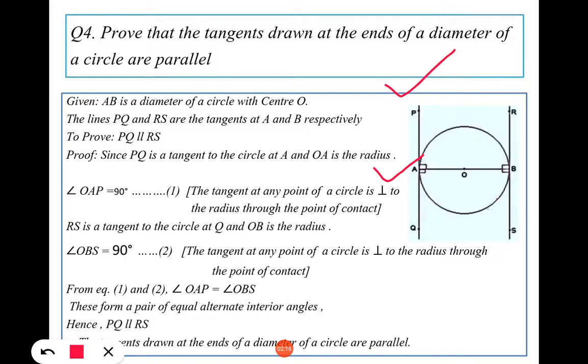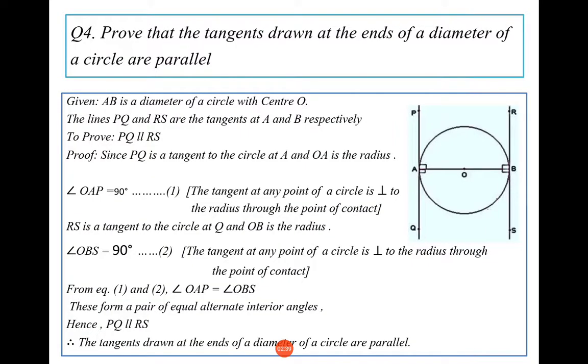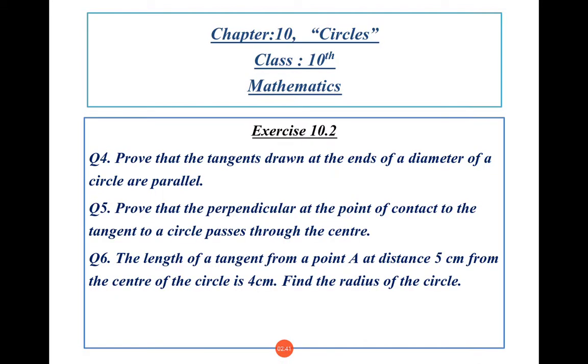So we have a right angle at point of contact between tangent and radius. So we have angle OAP as 90 degree and let it be equation number 1. Now similarly, RS is a tangent.